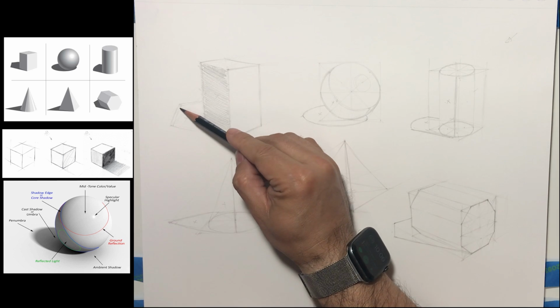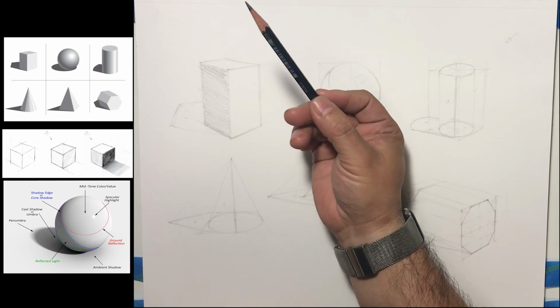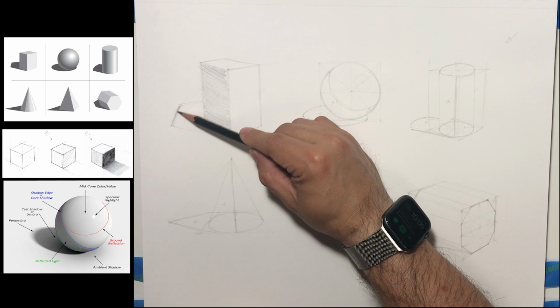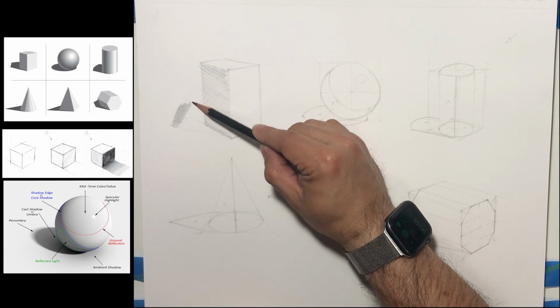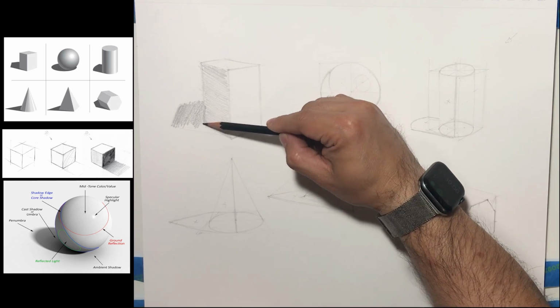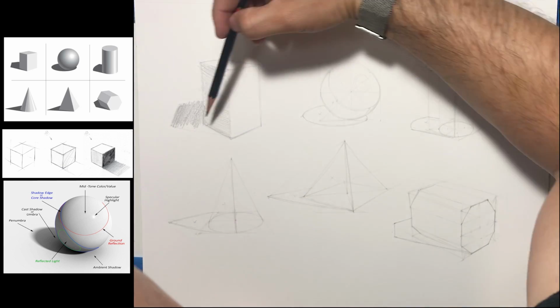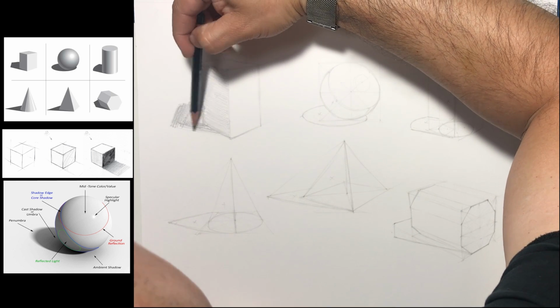blending stump. And then for the cast shadow, we're going to go over that again, holding it at the very end of the pencil. And the cast shadow will go with a 6B pencil, so that we have a 3-value difference. You have the light mass, a shadow mass, and a cast shadow.